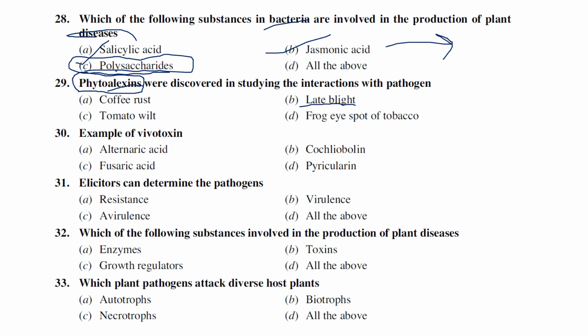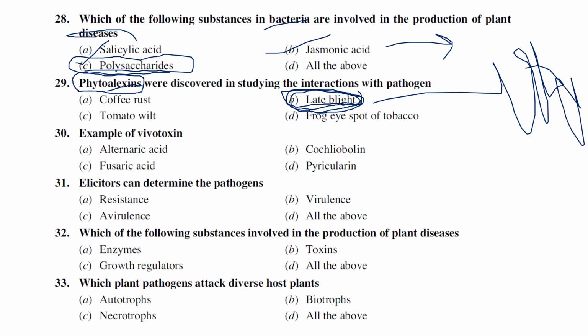While they were working with the potato system, that is late blight of potato, the first phytoalexin discovered was pisatin, in late blight of potato. They discovered the world's first phytoalexin, that is pisatin. That was discovered by Muller and Borger in the year 1940. So the answer is late blight of potato.